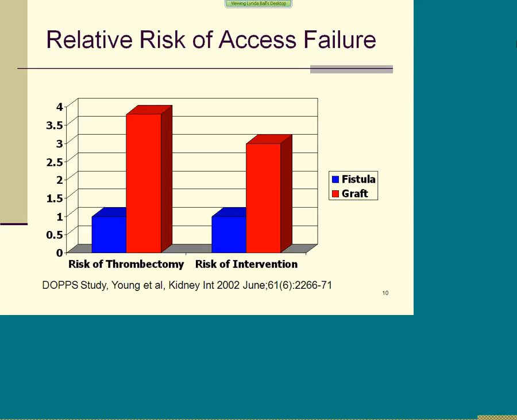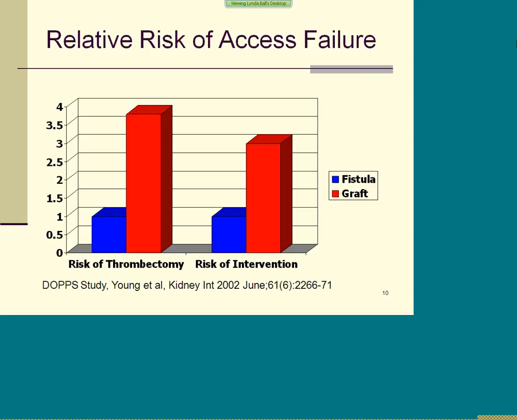And so they give us guidelines on the measures assessment tool of how long we should expect an access to live longer than. When we look at the fistulas versus grafts for the risk of thrombectomy, you can see it's almost a fourfold increase of risk of thrombectomy for grafts versus fistulas, and a threefold increase for a risk of intervention.